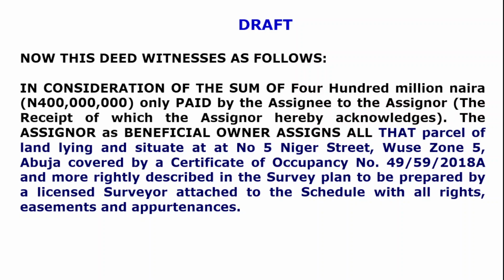Now, we said all that parcel of land lying and situated at number 5 Niger Street, Uze Zone 5, covered by certificate of occupancy number 49/59/2018A, and more rightly described in the survey plan to be prepared by a licensed surveyor attached to the schedule with all rights, easement, and appurtenance.